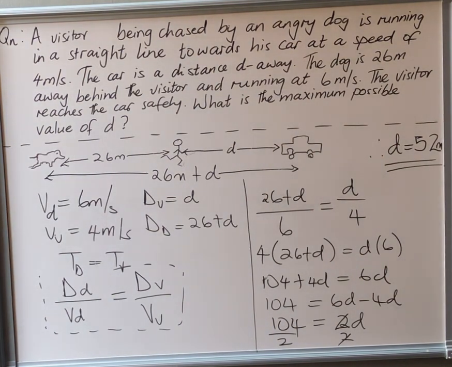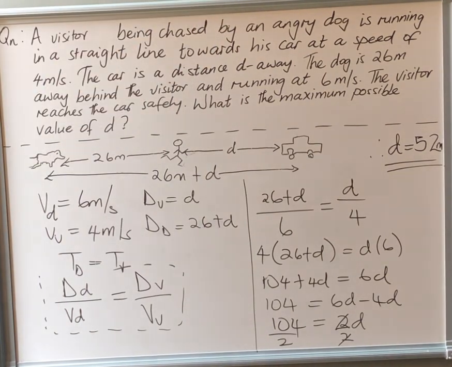So for the human being to arrive at the car safely, he must travel a distance of 52 meters in that given time. What is the value of the time shared by the human being and the dog?